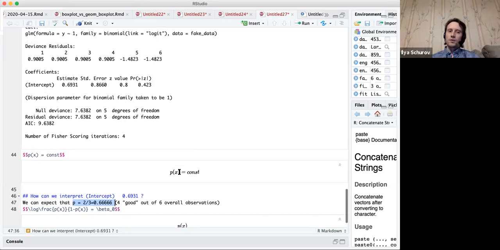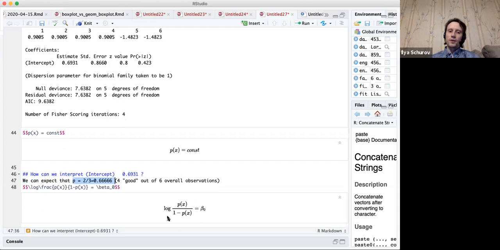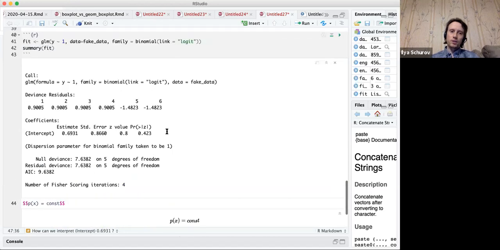If I rewrite this formula to find what p is as a function of beta naught, yes, I will get some value like e to the power beta naught. But I ask you about the relation between this model and the result of this regression.